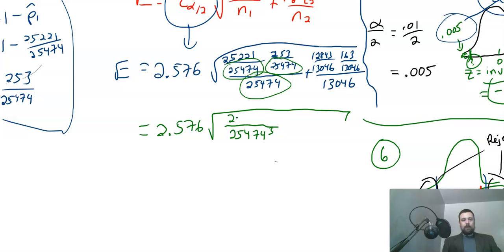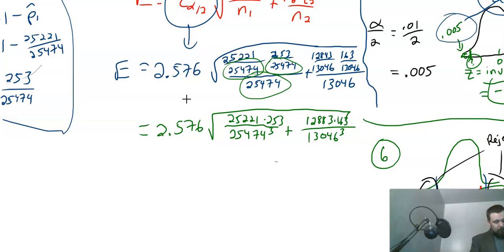On top, we'll still have the 25221 times the 253. Plus, we'll do the same thing here. This will be 13,046 to the third power. And on top we'll have 12,883 times 163. All right. And so that's what I'll type into my calculator.